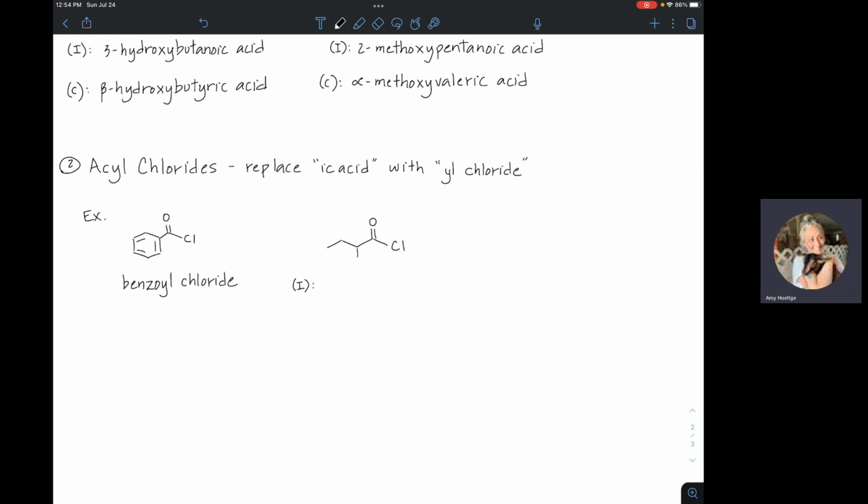And so we have 2-methyl, and then we have 1, 2, 3, 4 total carbons. That would have been a butanoic acid, but instead we're going to drop the ic acid part. And we'll end up with a butanoyl chloride.